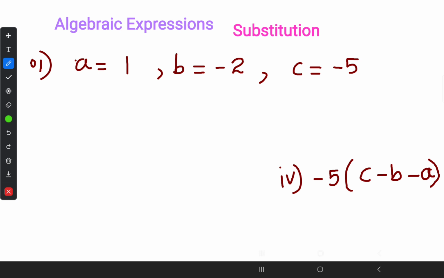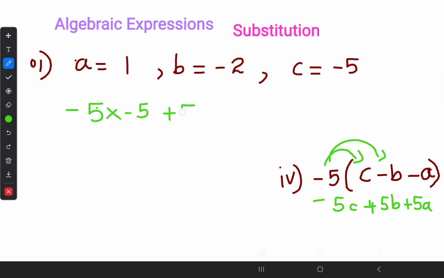Last one. Let's expand this one first. Negative 5c plus 5b plus 5a. That is substitution. Negative 5 times c, which is negative 5 again, plus 5 times b, that's negative 2, plus 5 times a, that's 1. Negative 5 times negative 5, it would be positive 25.